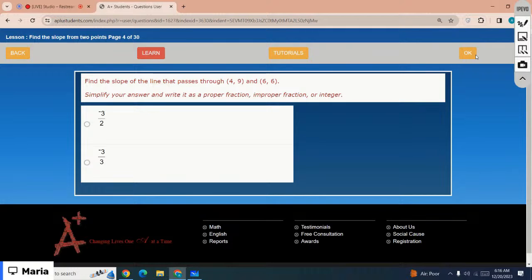The next one: find the slope of the line that passes through the points 4, 9 and 6, 6. Which is the correct option?